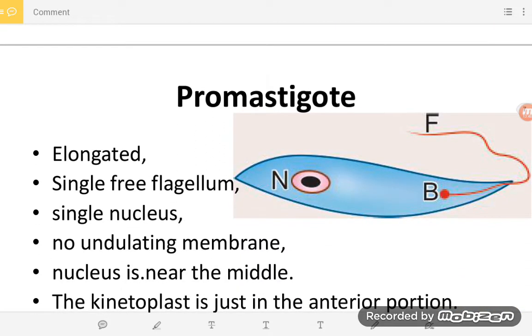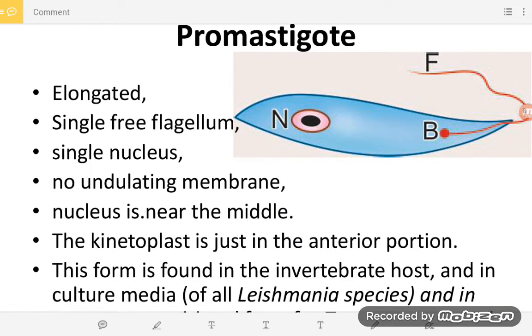Right. Next we will move to the promastigote form. This is elongated. Here we can see a single flagellum and a single nucleus at the center. Here also we cannot see the undulating membrane, and the kinetoplast is in the anterior position.